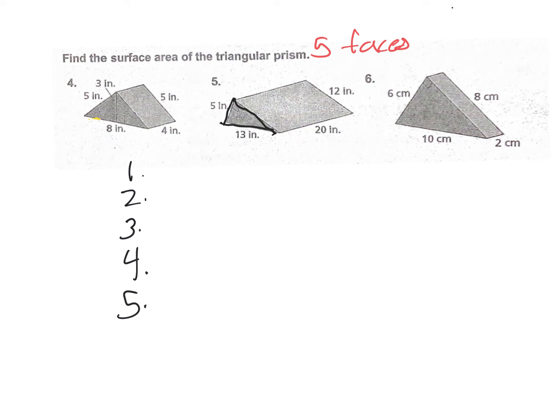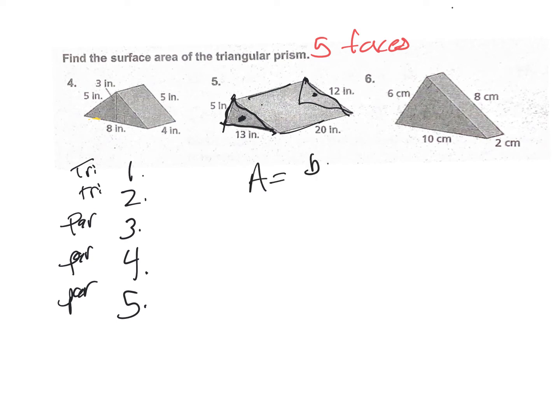That's a triangle. And there's one on this side and there's one on this side. Exactly the same. So we'll have that be the triangle, that be the triangle, and then all the other sides and the bottom are parallelograms. So, the triangle's area equals base times height divided by 2.